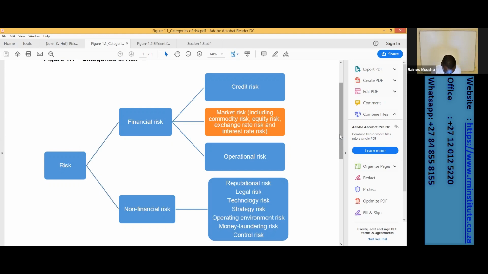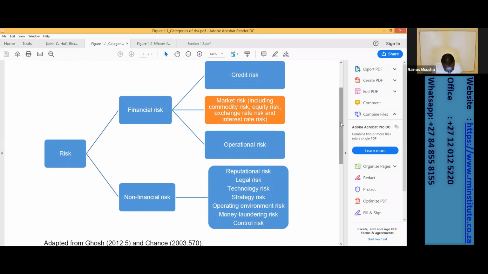So it's basically not being able to be in control of the internal operations. Remember, for any organization, you need to make sure that you have the systems put in place to be able to oversee the operations of the business.